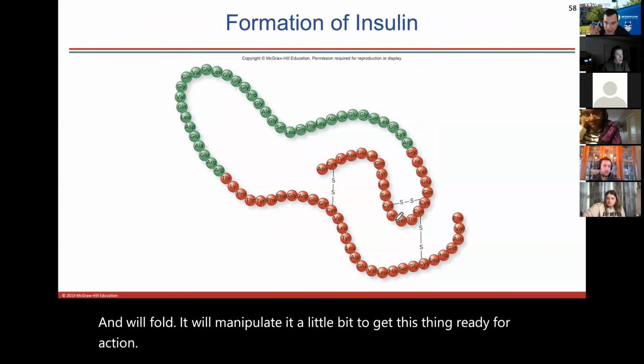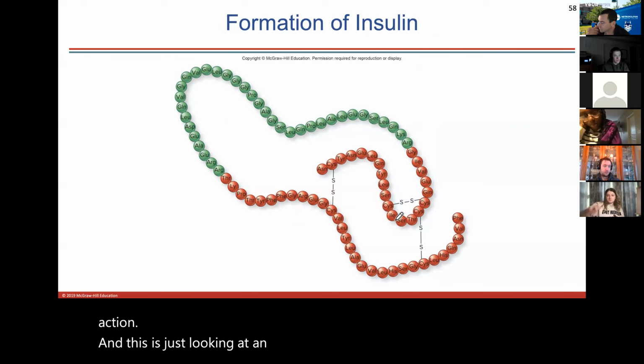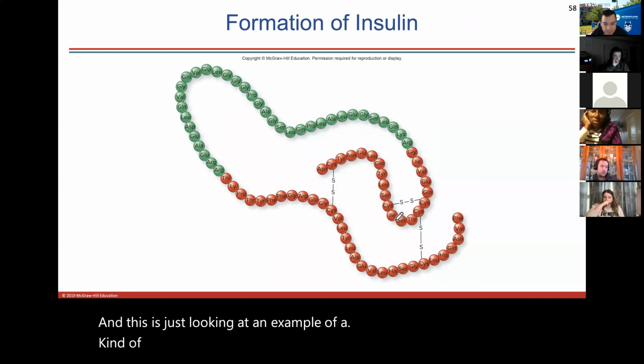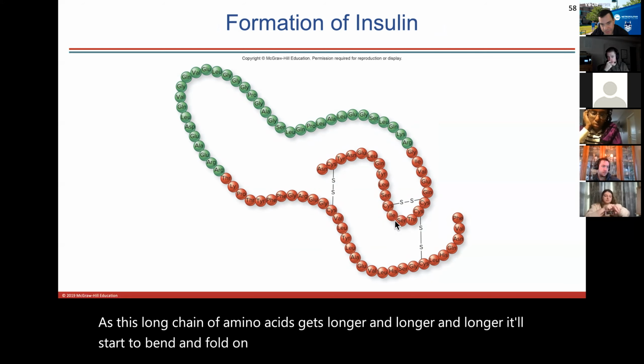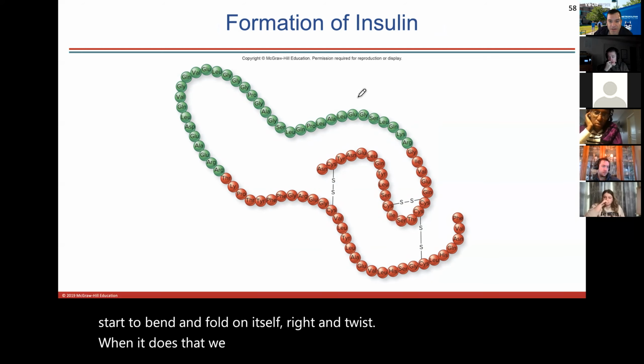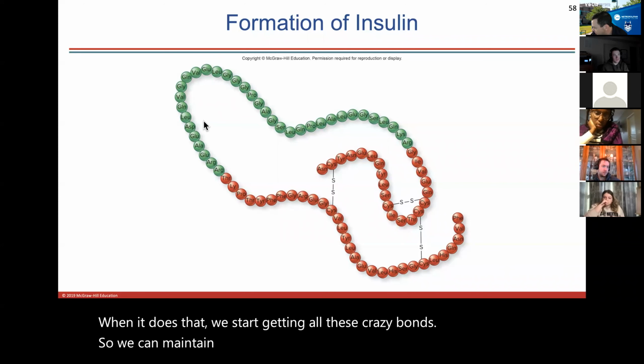And this is just looking at an example of a kind of secondary structure here. As this long chain of amino acids gets longer and longer, it'll start to bend and fold on itself, and twist. When it does that, we start getting all these crazy bonds, so it can maintain that secondary shape.